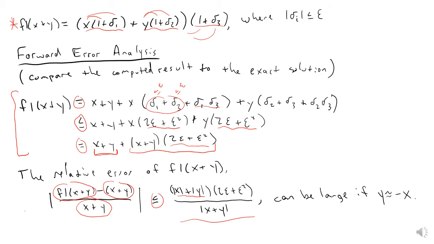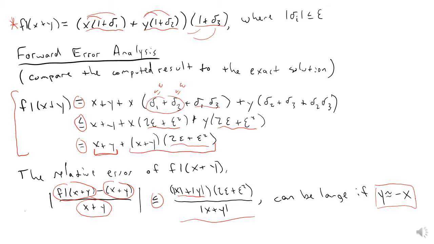The problem with this expression is that if the things we're adding are relatively close to each other but opposites, like if x is 1 and y is negative 1.000, however many zeros you want, 1, then those two numbers are really close to each other but opposite. So when you add them, you're getting a number close to 0.